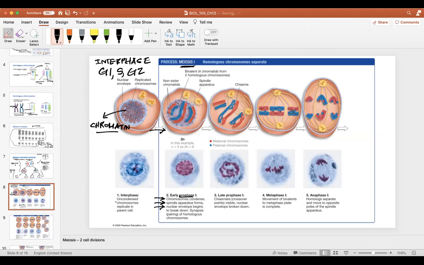But something unique is about to happen in the prophase of meiosis 1. And the unique thing that's about to happen is called synapsis. Synapsis is when the homologous pair, the homologs, match to one another.